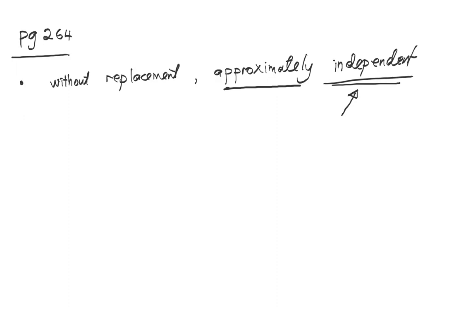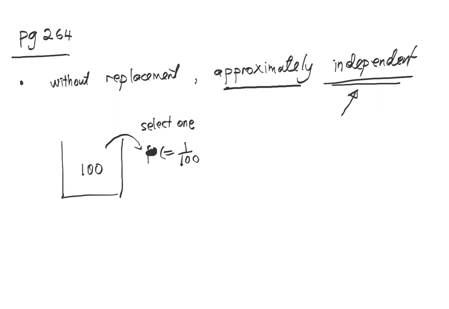Just to give you an example, if for example, I have 100 in the population. So now I select one. Okay, so the probability of selecting that one will be equal to 1 out of 100.